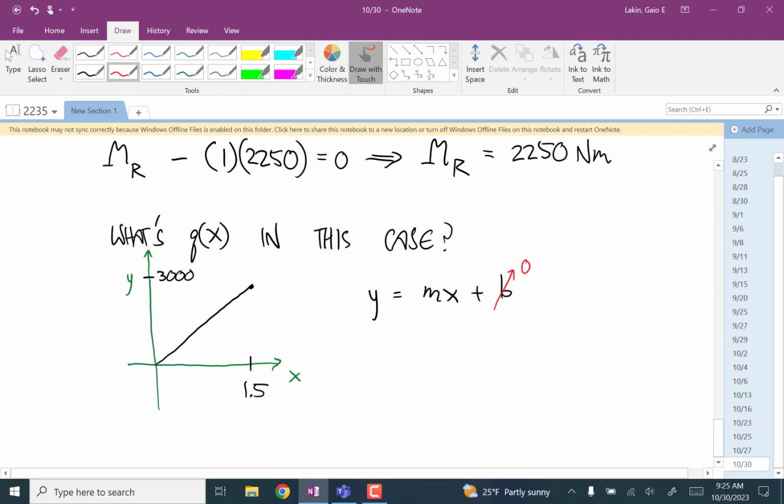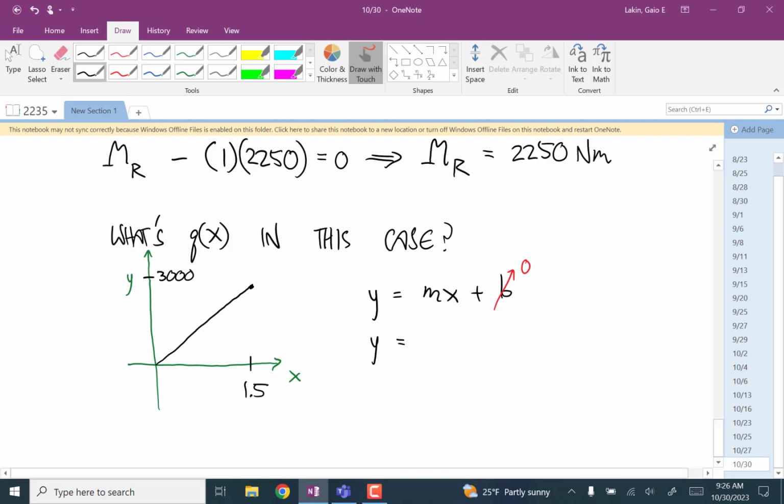Okay, and now what's the slope of that? Just rise over run, so 3,000 over 1.5, so 2,000. For Q of X, do our units mean anything? Because now our slope is newtons per meter squared.